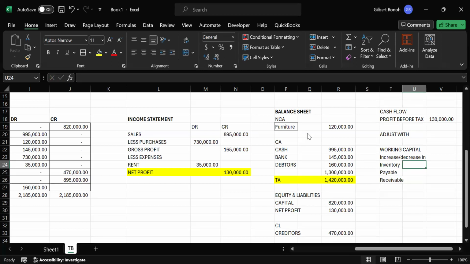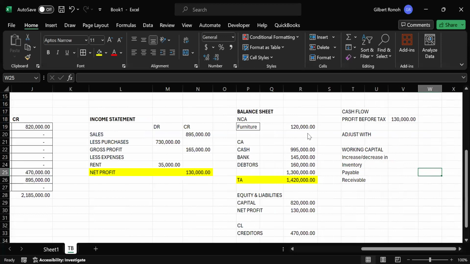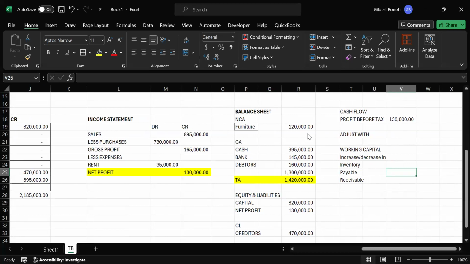And then payable. What happens when payable increases? Is it cash inflow or cash outflow? If payable decreases, is it cash outflow or cash inflow? If you decrease the payable, what does that mean?